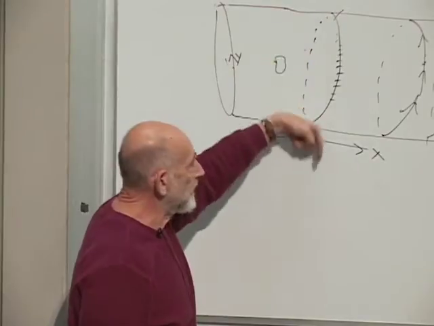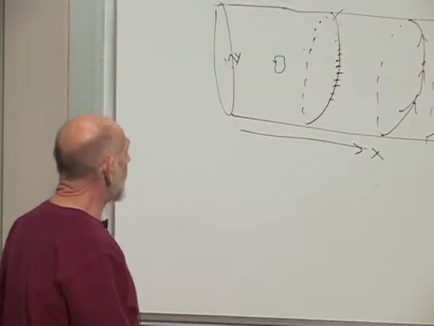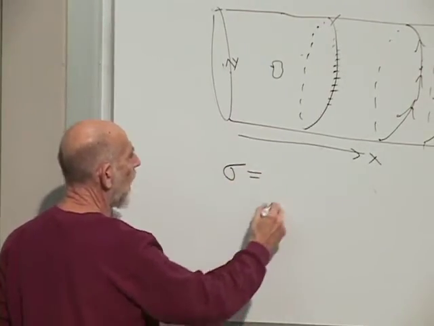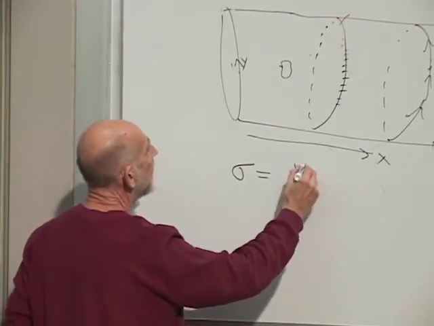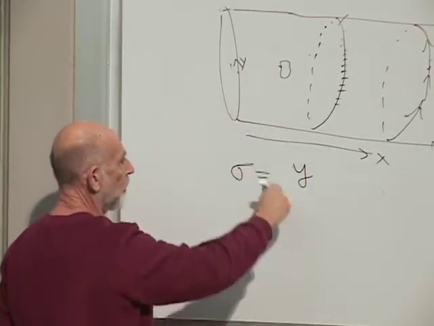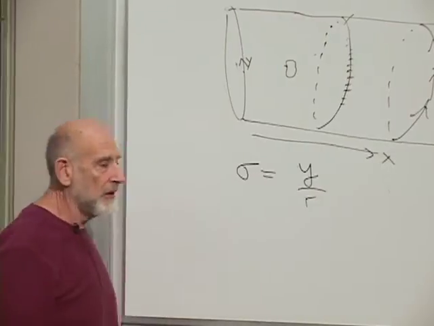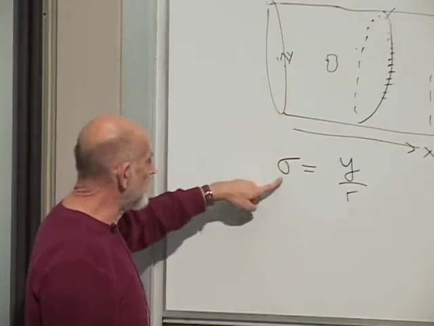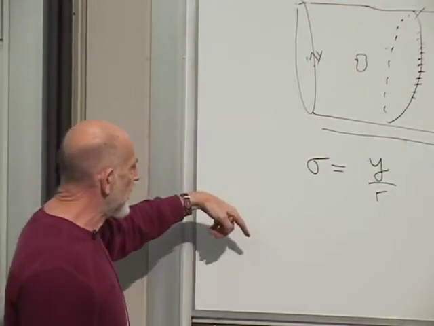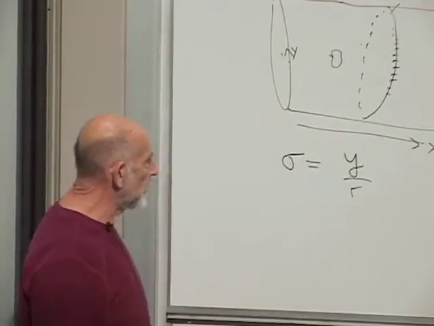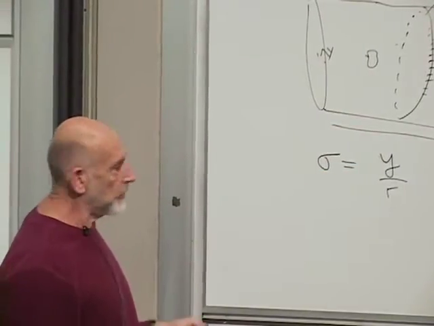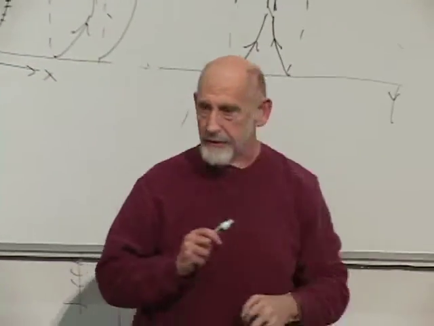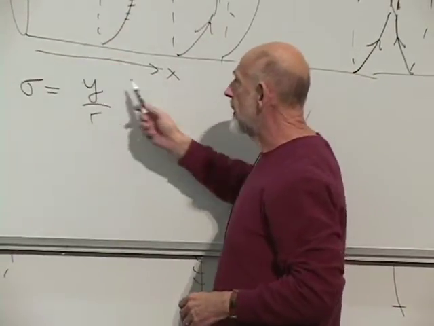If the string is wound in this very simple way, another way of saying it is that sigma is proportional to y, actually y divided by the total radius of compactification. If y comes back to itself after going distance r, and sigma comes back to itself after going around once, then the right relationship is that sigma is y over r. It's just another way of saying that as you go around sigma, the rubber band goes around the y direction.